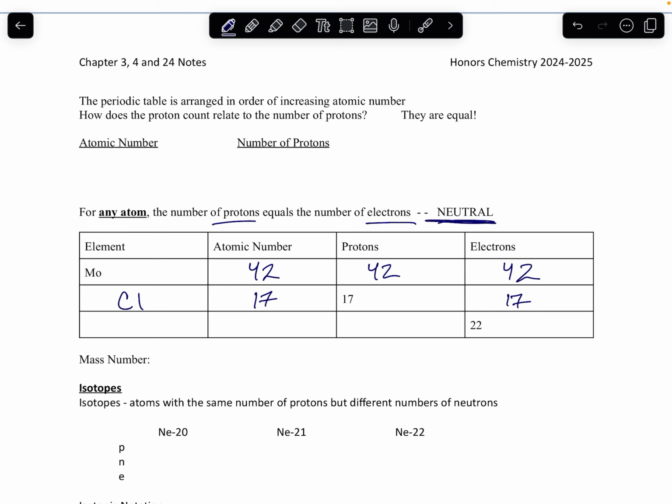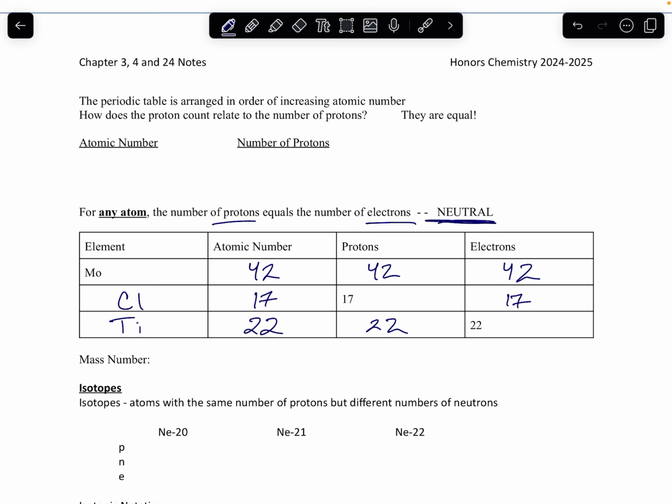Then again, one more time, I've got 22 electrons. Because it's neutral, I'm going to have 22 protons, which means I have an atomic number of 22. If I look that one up, I have titanium. So we can find different numbers of our subatomic particles if I know one of them already.